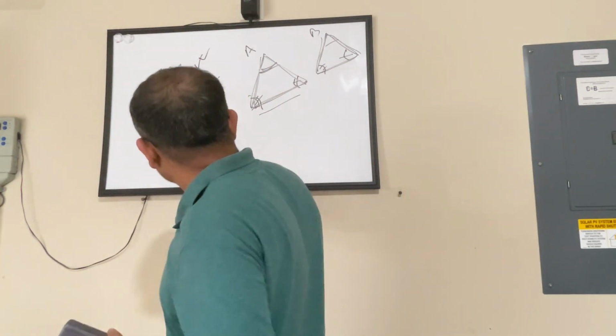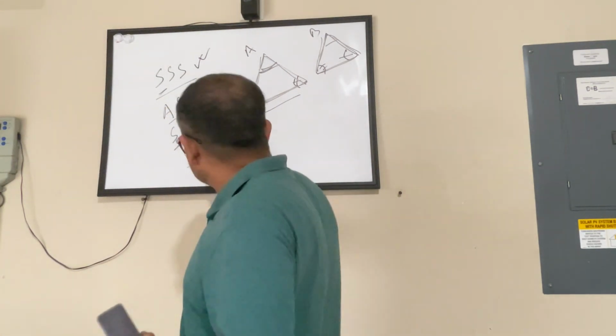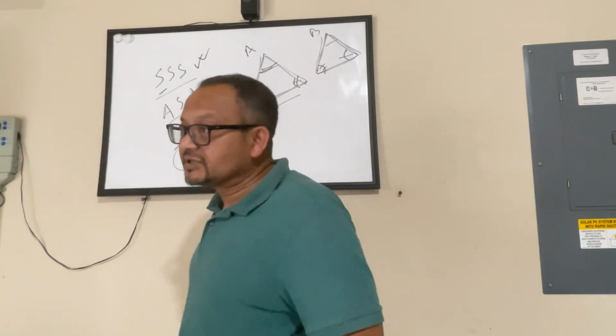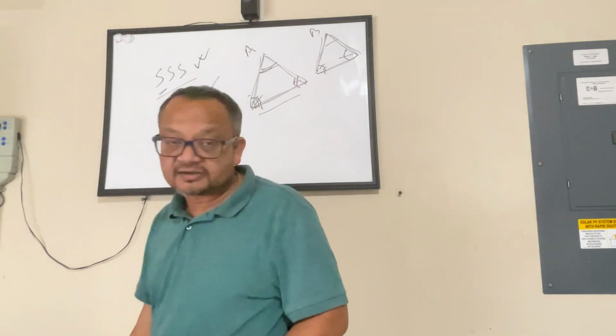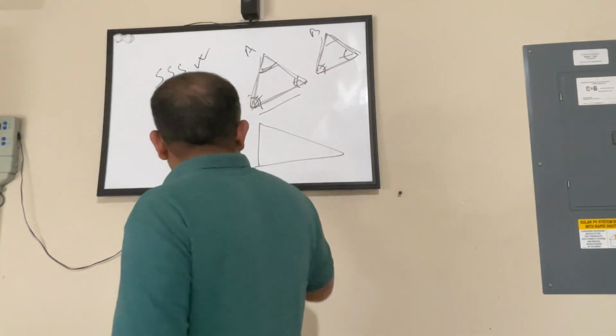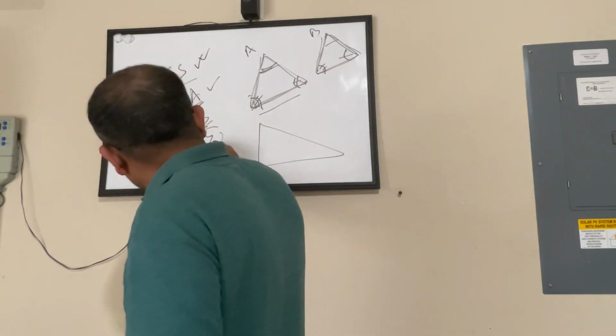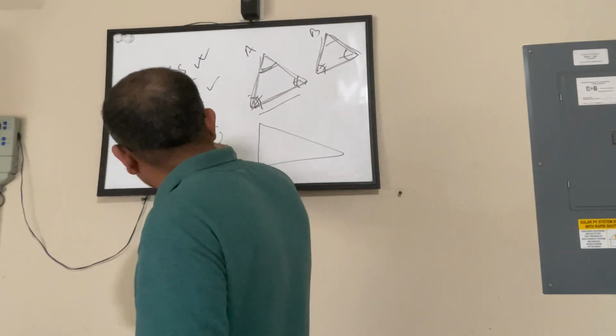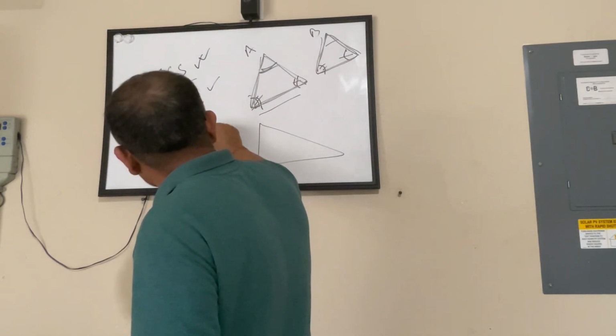RHS stands for, this theorem of congruence is primarily for right angle triangles. So R stands for right, H stands for hypotenuse, S stands for side.